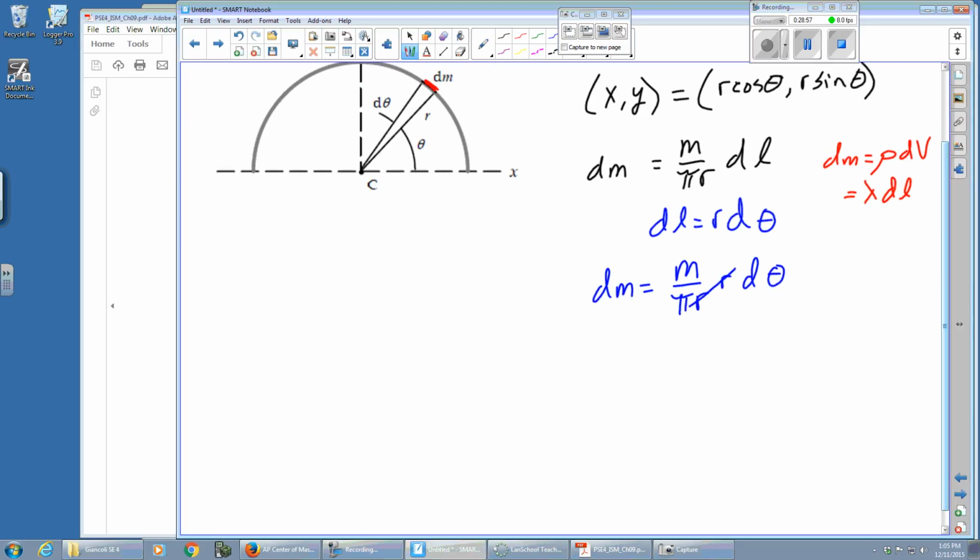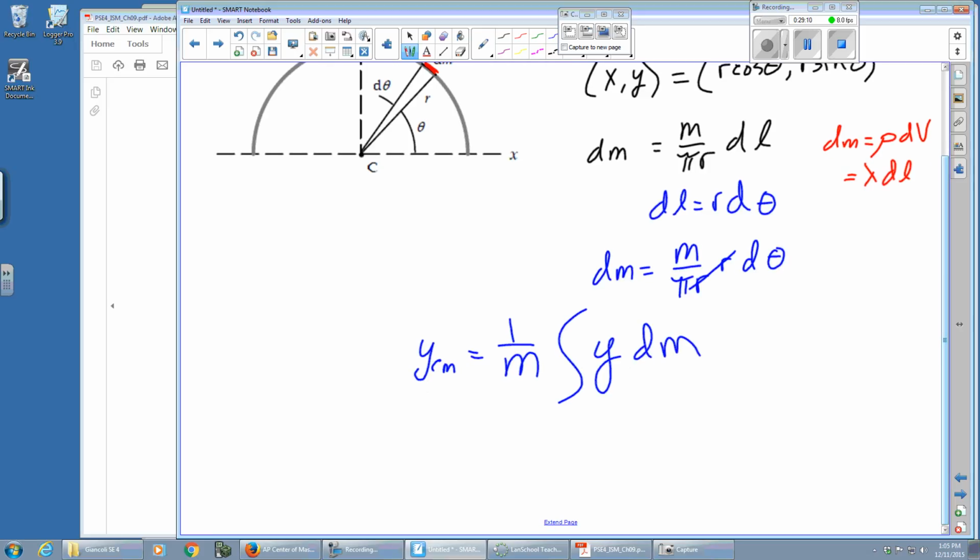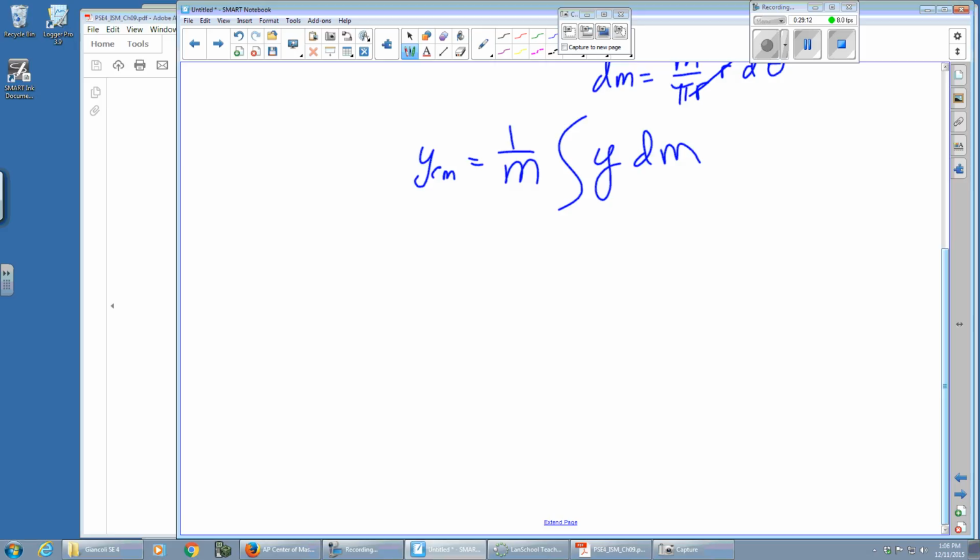Now we're going to go y_cm equals 1 over m integral of y dm. So y_cm equals 1 over m integral. For y, we're going to put in r sine theta.